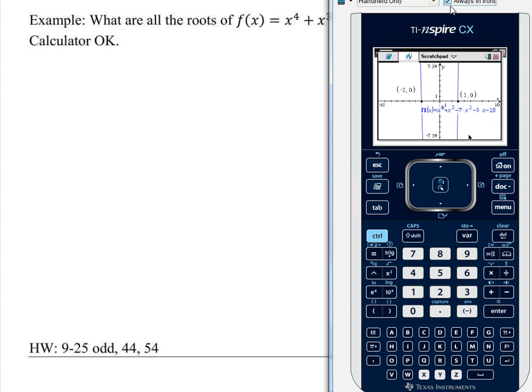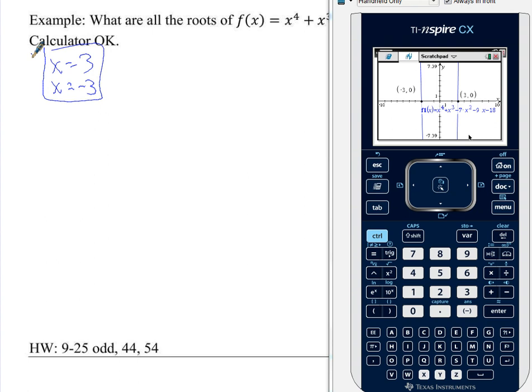As soon as I have that, then I know that x equals 3, x equals negative 3 are both solutions to my polynomial. I don't have to do p, q, p over q. I don't have to do Descartes' rule of signs. I already know 2 of my roots.